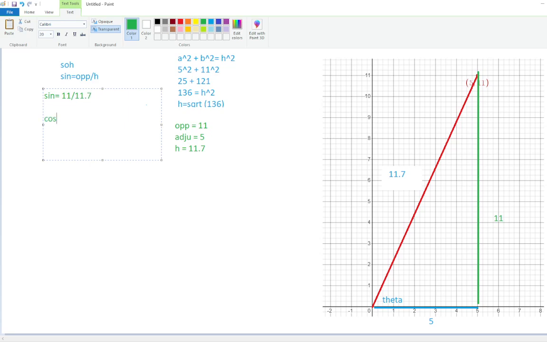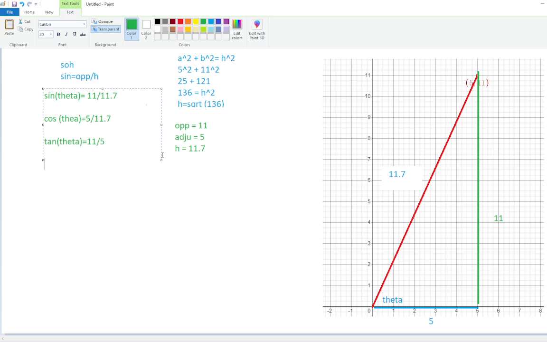And it means the cosine of theta, you have to have theta up here as well, is equal to the adjacent over hypotenuse, which is 5 over 11.7. And my tangent of theta is equal to the opposite over the adjacent. That makes 11 over 5.